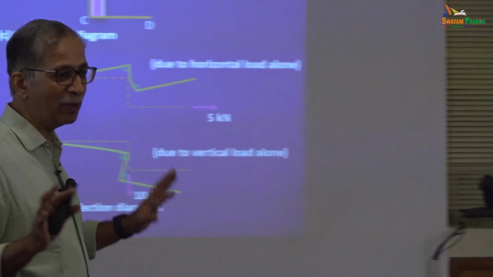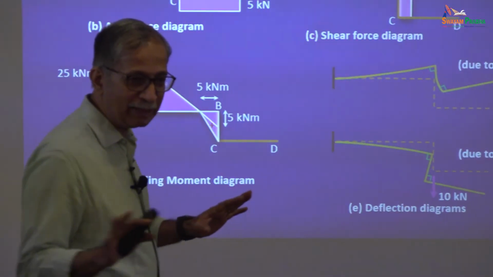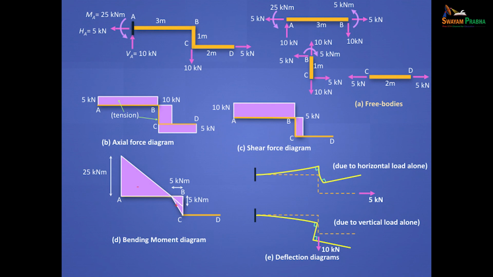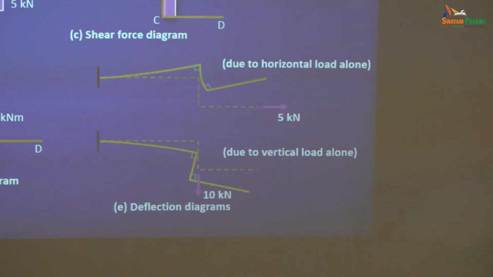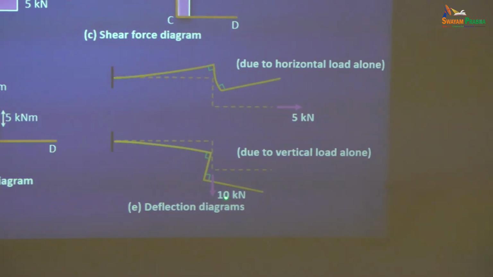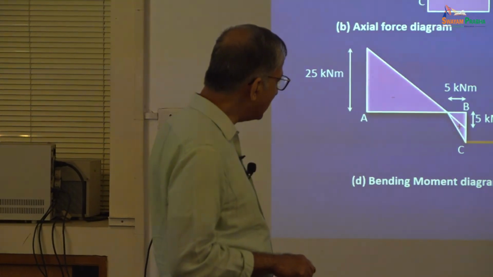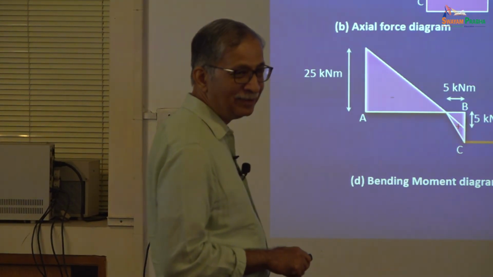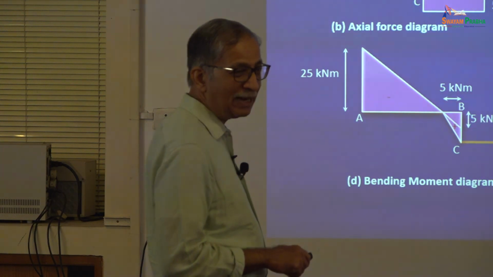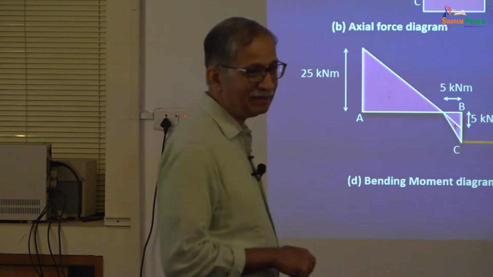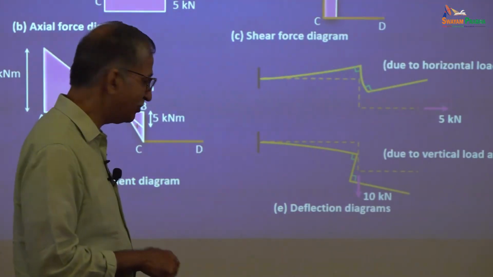Well, you can draw it, but since I want you to understand what's going on, you draw it yourself, but I want you to understand the effect of each of these two loads. If you apply only the horizontal load, can you feel it's going to bend like that? If you apply only the vertical load, can you feel it's going to bend like that? Now it's a competition between this and this, right? These two will add up and you can try drawing the net deflected shape. But intuitively you must get this feel.